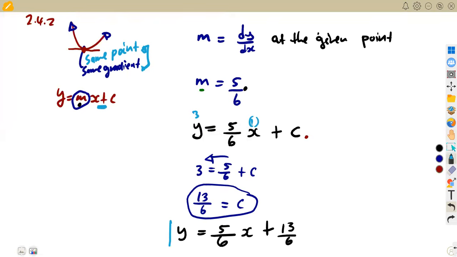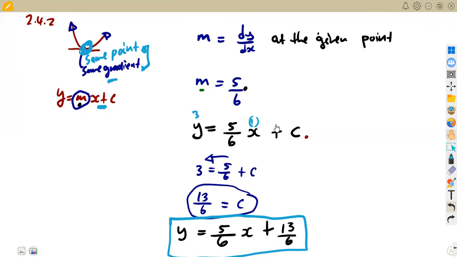So what was important in this question was understanding the gradient concept. At the point of tangency, where the tangent meets the curve, they will be at the same point, and at the same time the tangent and the function will have the same gradient.